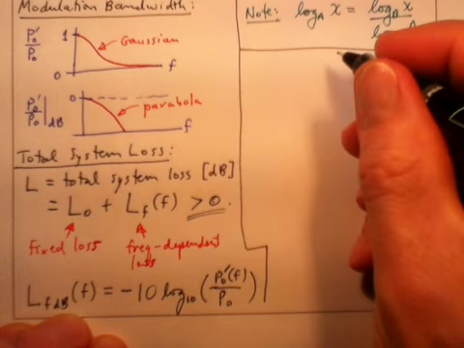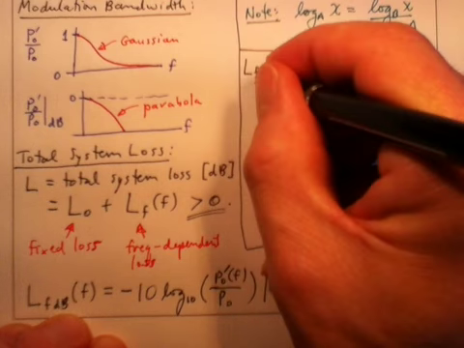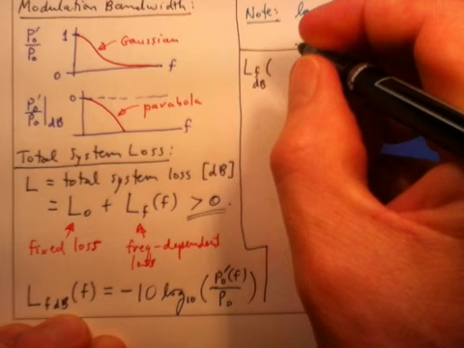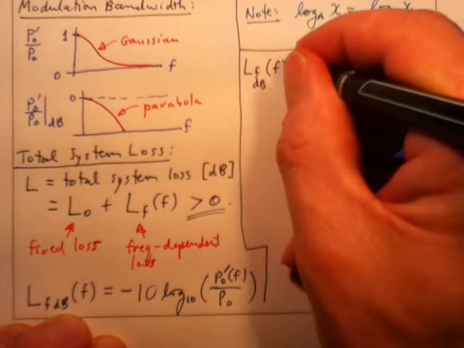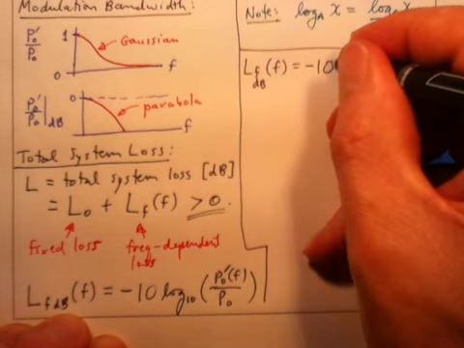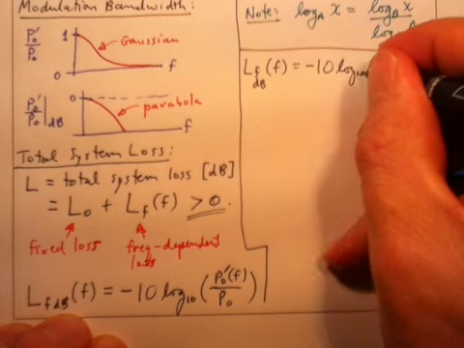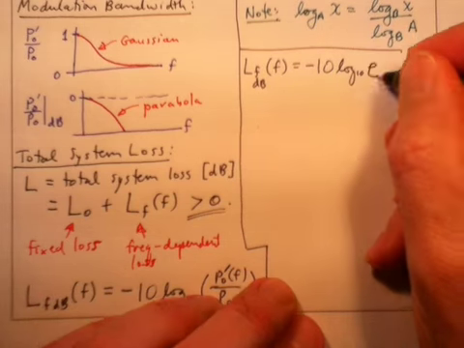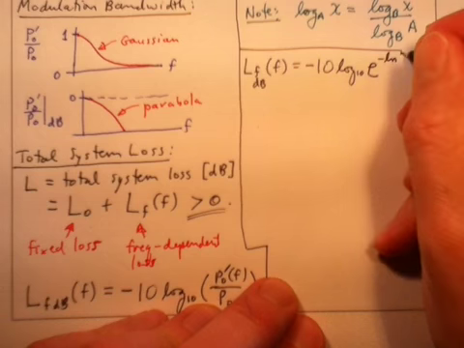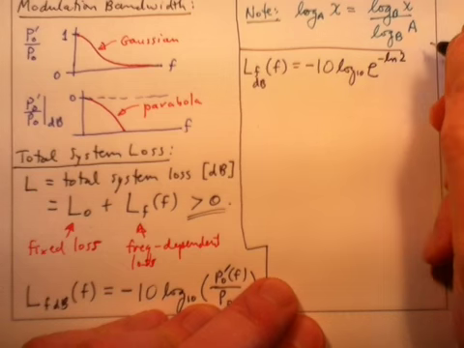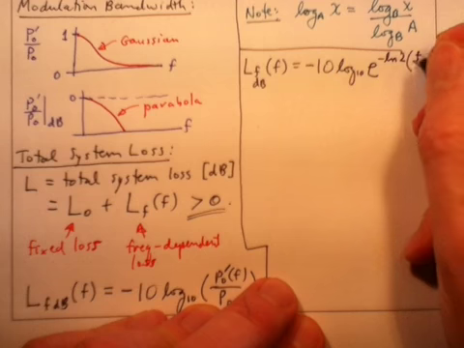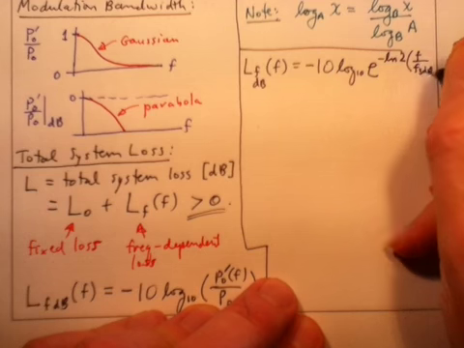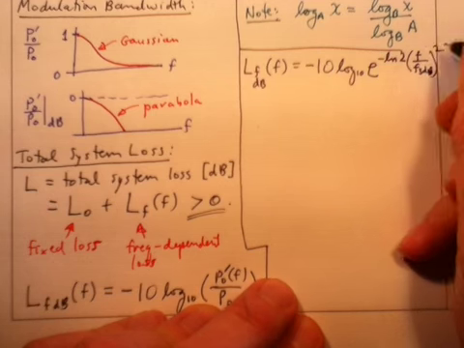I'm going to start with L of f in dB units as a function of f as minus 10 log 10 of the Gaussian model, e to the minus ln 2 times f over f3 dB, quantity squared.